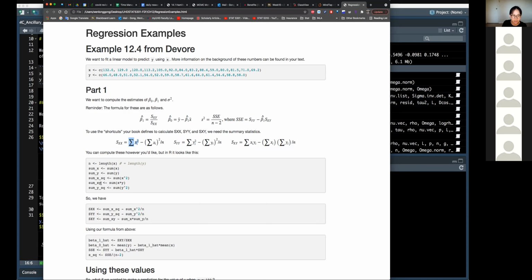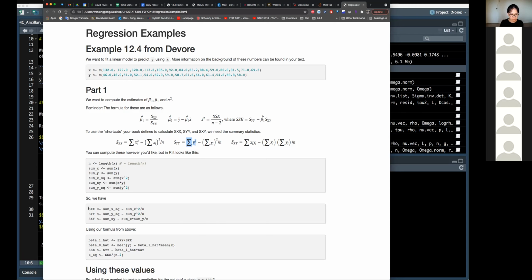And this is sum XY, the summation of X times Y, corresponding to this thing. This is sum Y squared. So we basically have the elements needed to calculate SXX, SYY, SXY.